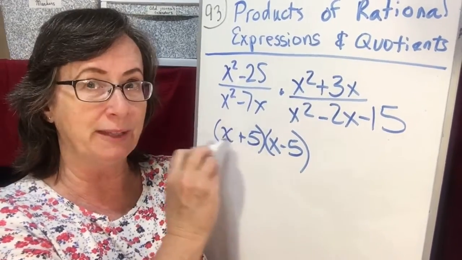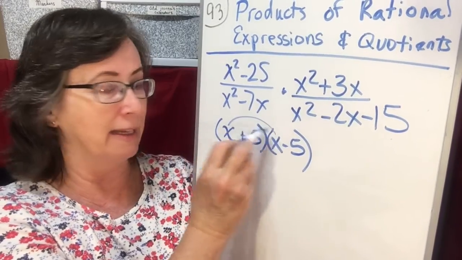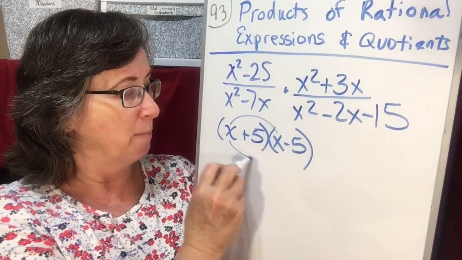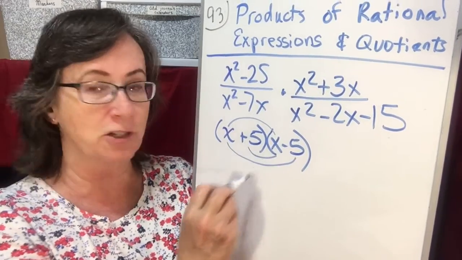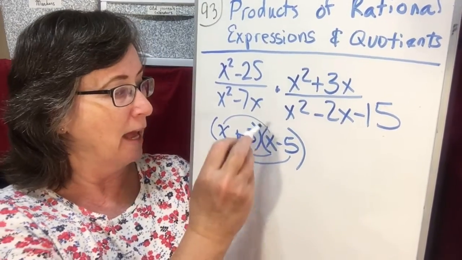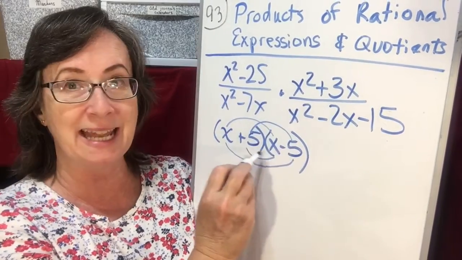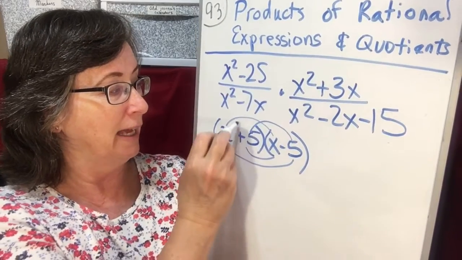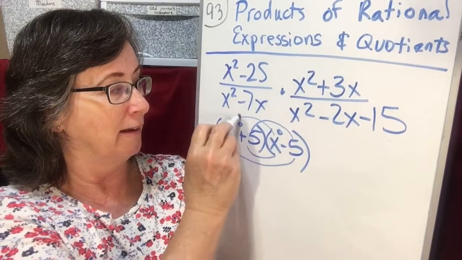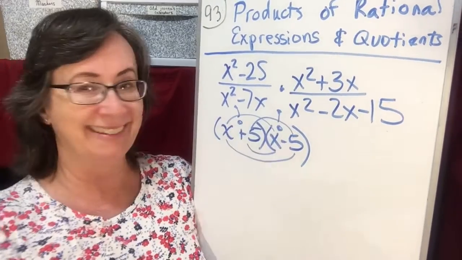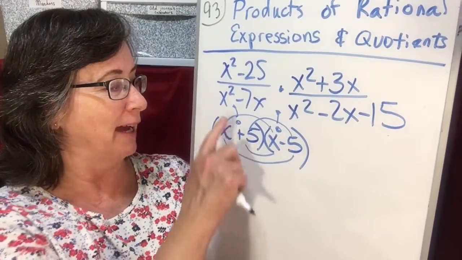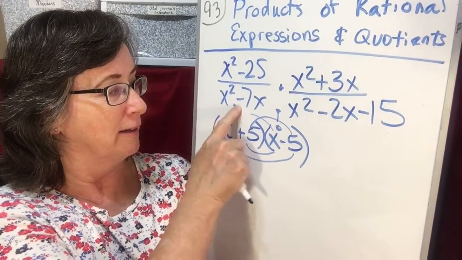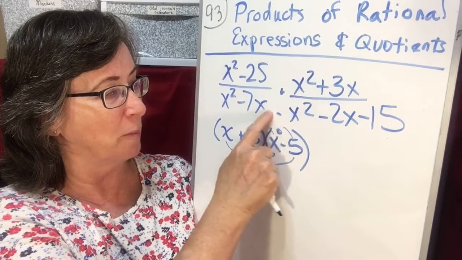If I FOIL these back together, I get x squared. My outside term is negative 5x. My inside term is positive 5x. My last term is negative 25. And remember, I get my little FOIL man if I do it right. And so I've checked my factors for the first binomial.